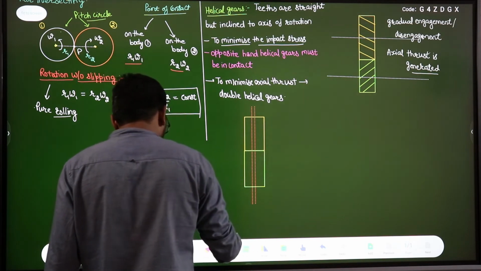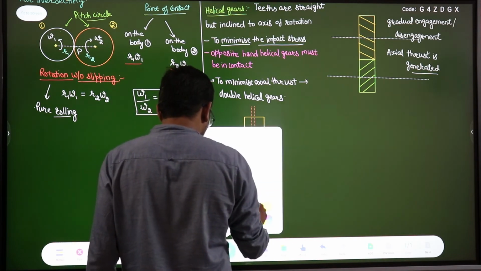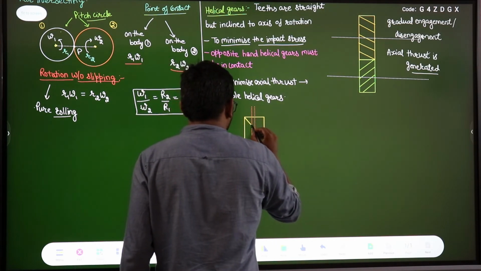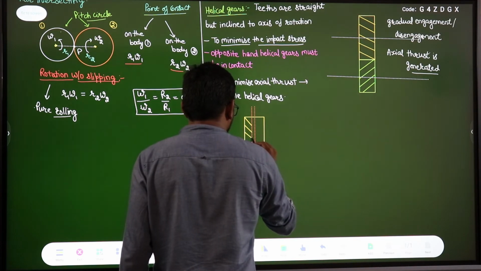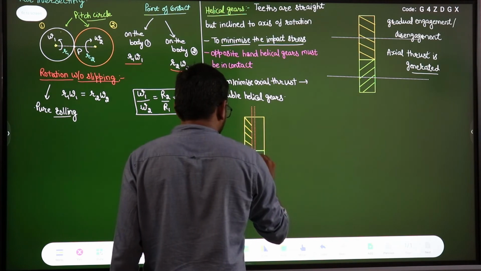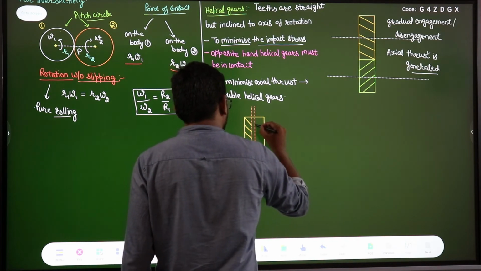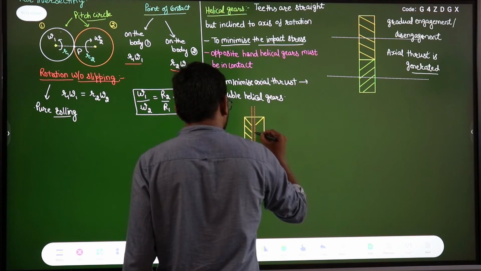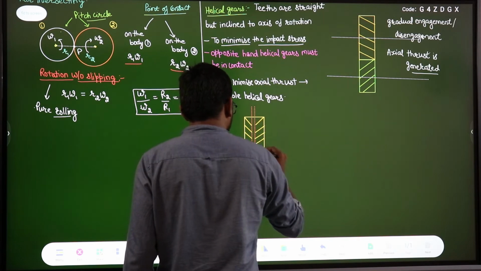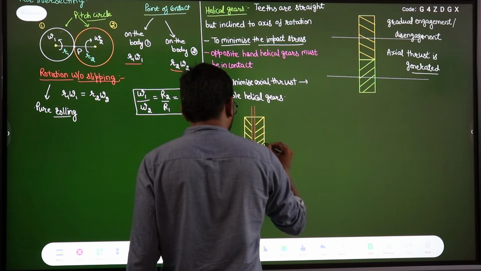Now the gears will be like this, the teeth will be like this. On one side we have, suppose, a right-handed helix, and on the other side we have a left-handed helix, like this. Both hand helixes will be present on double helical gears.